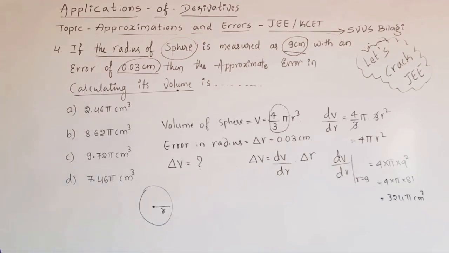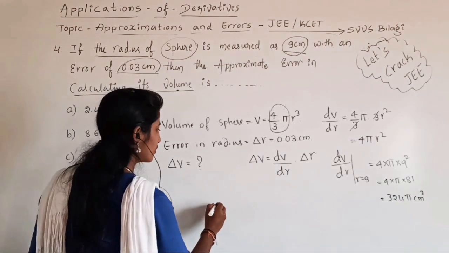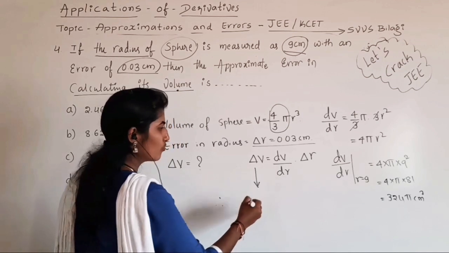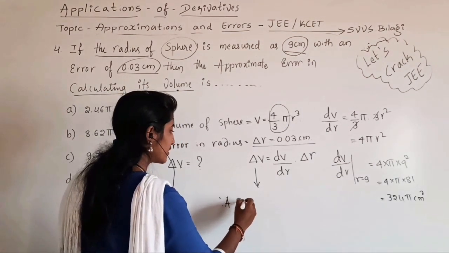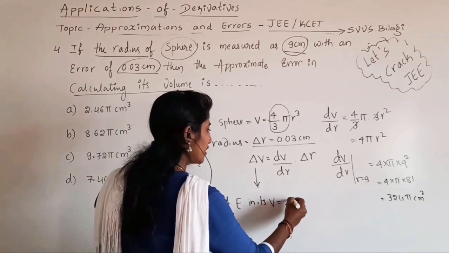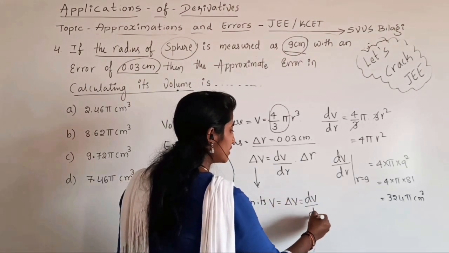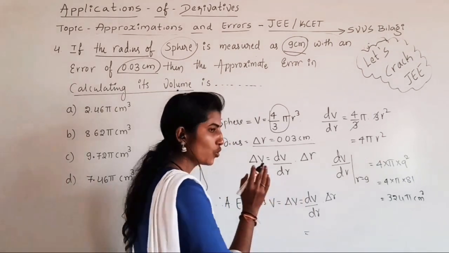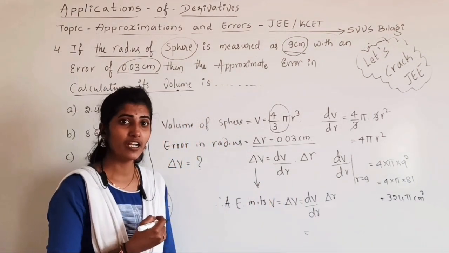So here, let's work it out. Since delta r is already given, why wait? Just calculate. Therefore, the approximate error in its value is given by delta v, that is equal to dv divided by dr into delta r. See, don't follow the traditional theoretical method as in your textbook here.